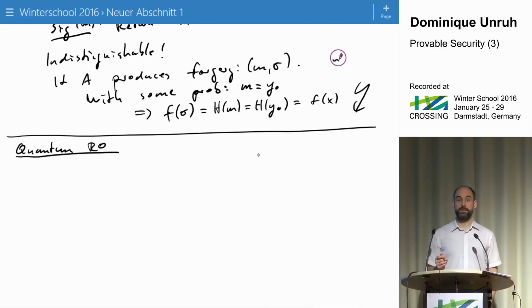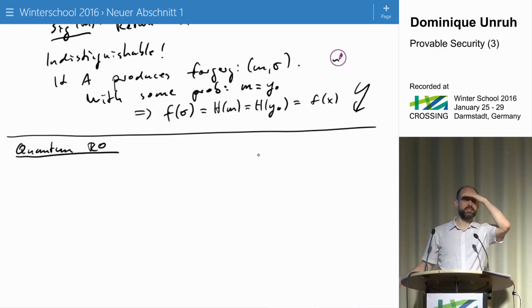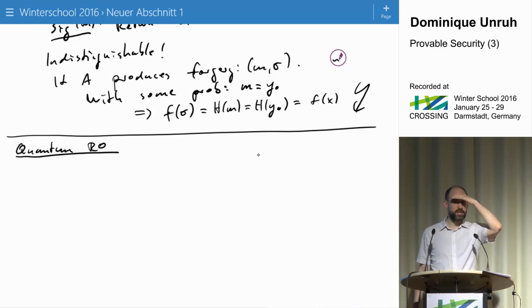So now we come to the quantum setting. That's another question. Does this mean that we have only an exponentially small probability to break the one-way function?